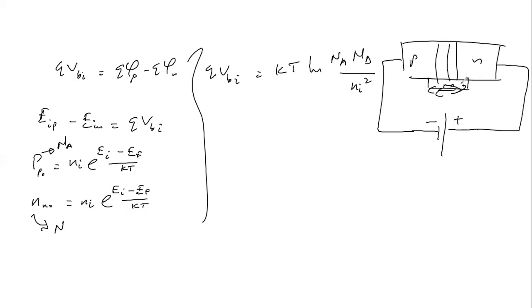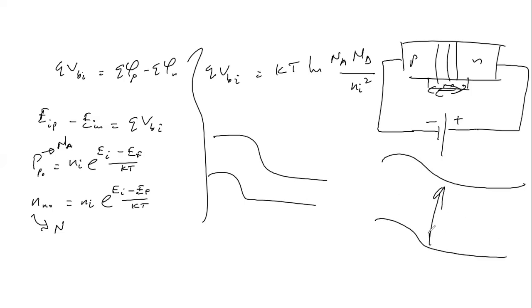So there won't be net flow of current. And then recall for this, in this case, it becomes way larger, right? But this becomes narrower for the forward bias.